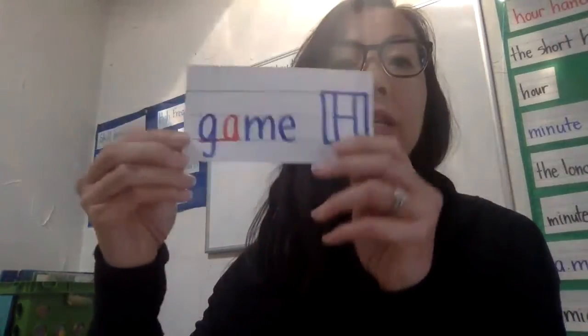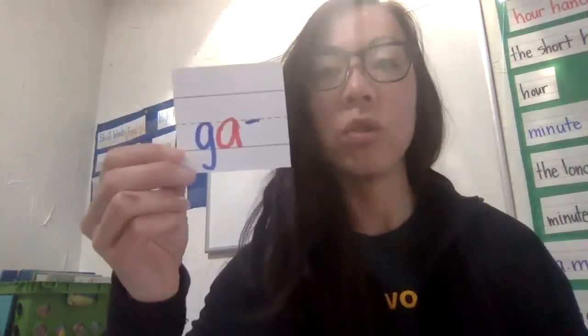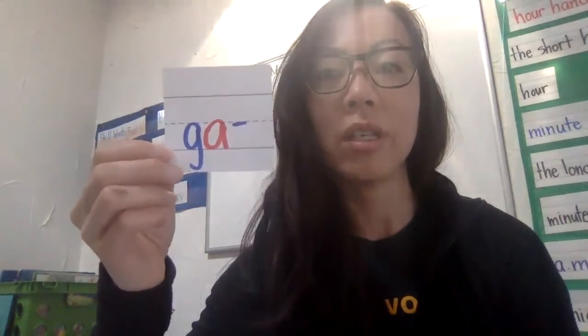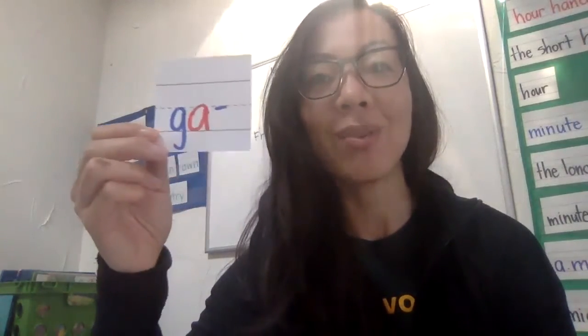Scholars, we also have words that make hard G sounds, like in the word game. They say G. We know that words that start with a GA usually make that hard G sound, like gas or gallop, or we said like the word game.